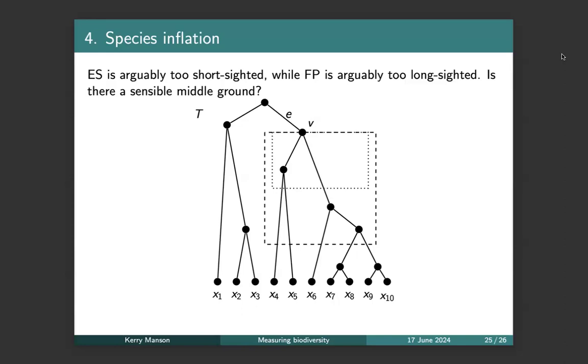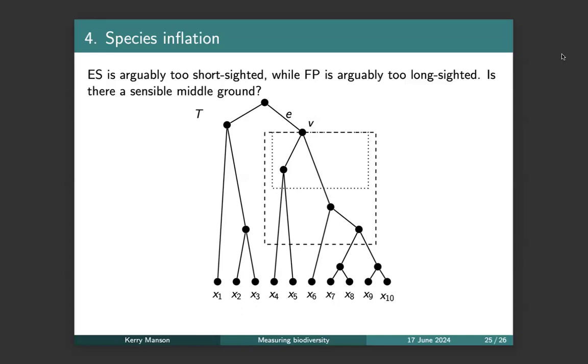If I'm trying to think about how this edge E is shared between these 7 species, fair proportion says I'm going to look below this vertex and understand exactly that there are 2 on this side and 5 on this side, and share out the value of this edge accordingly. Whereas equal split says, I don't care, I'm going to give half to share between these 2 and half to share between those 5.